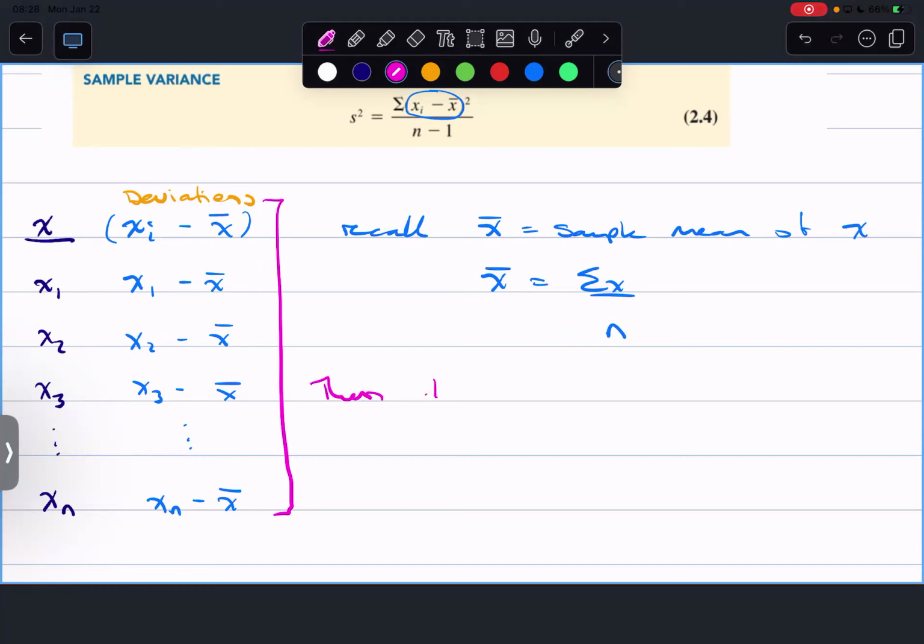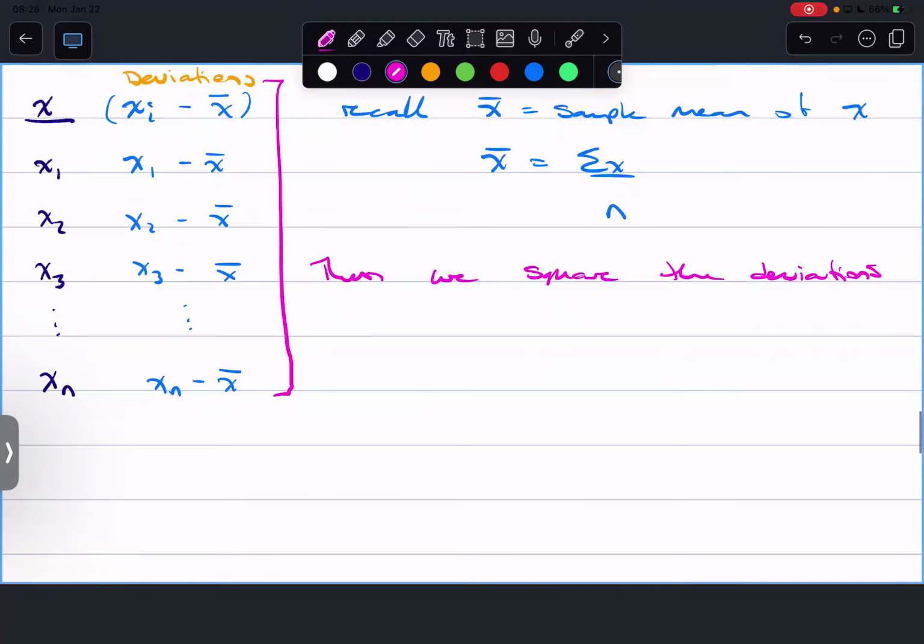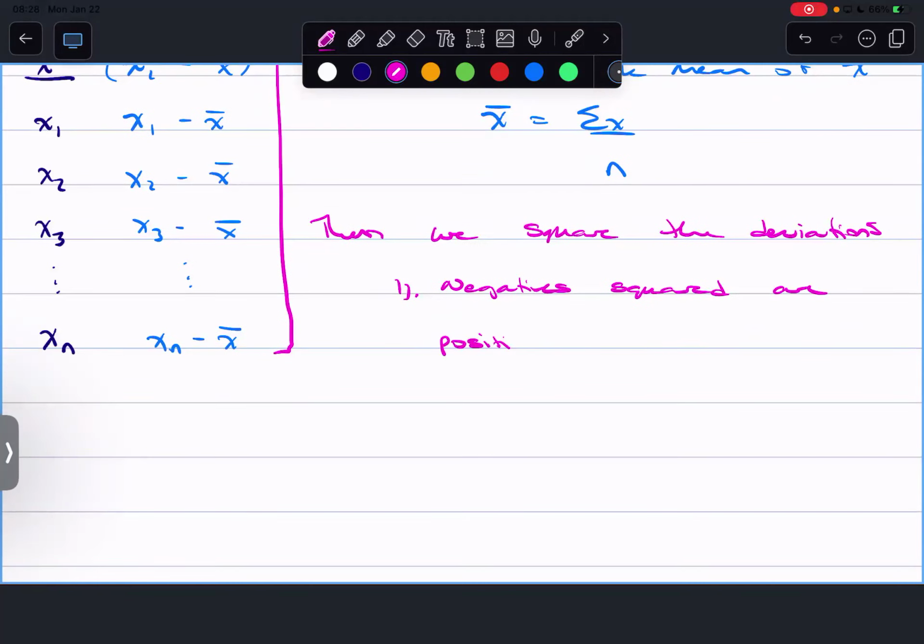Then we square the deviations. Couple of reasons, right? Squaring makes negative things positive, right? So negatives squared are positive values. Which makes sense. Otherwise, you run the risk of having a negative spread, which doesn't make sense, right?